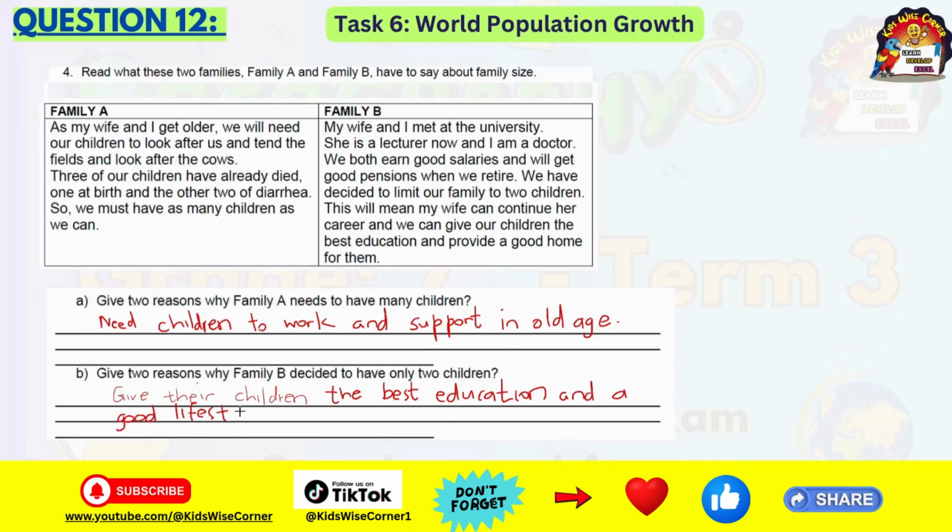So they wanted to give them a good lifestyle by providing a good home for them.